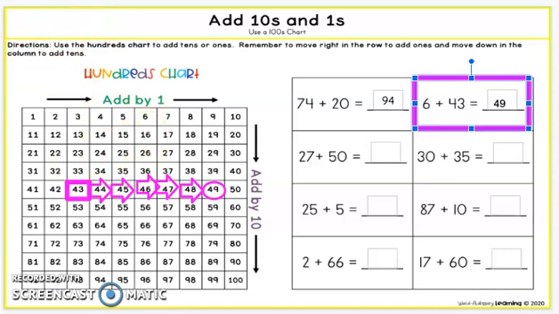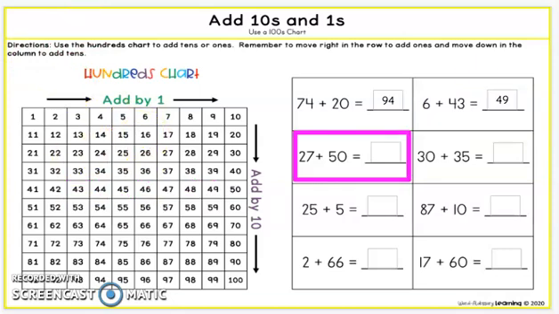All right, let's look at another one together. Okay, this one's a little bit trickier. What number will I start at? Good job. I will start at 27. And am I going to move across the row or down the column?